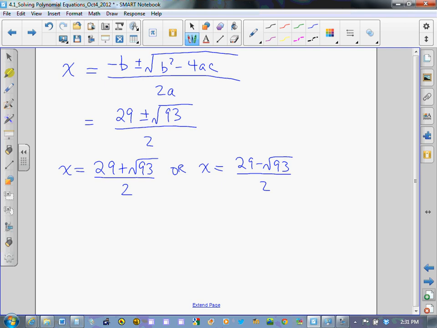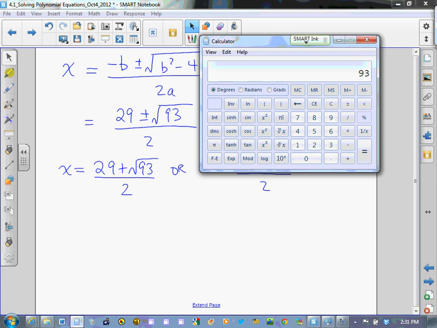So what we'll do is we'll get an estimate of these using a decimal equivalent, to gain a sense of what that number looks like. So 93, let's root that value. Oops, sorry, that's not what I needed there. Let's back that up. So 93, here we go. About 9.6, we'll leave it like that for now.